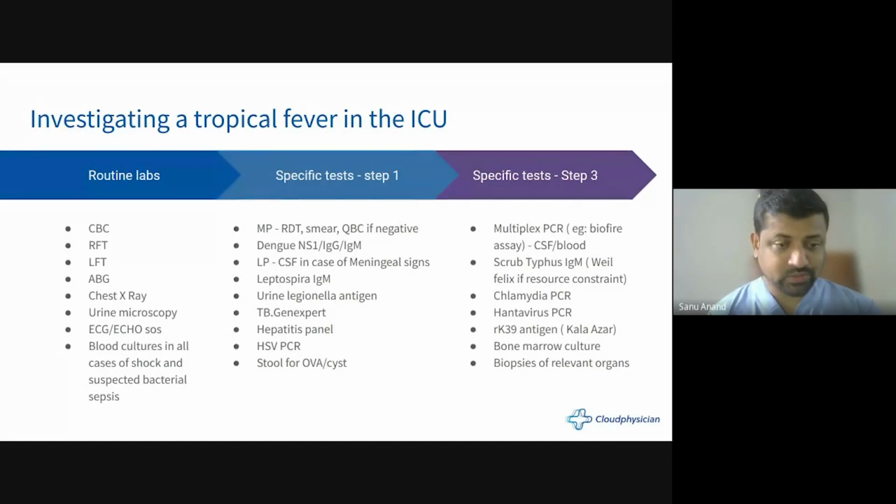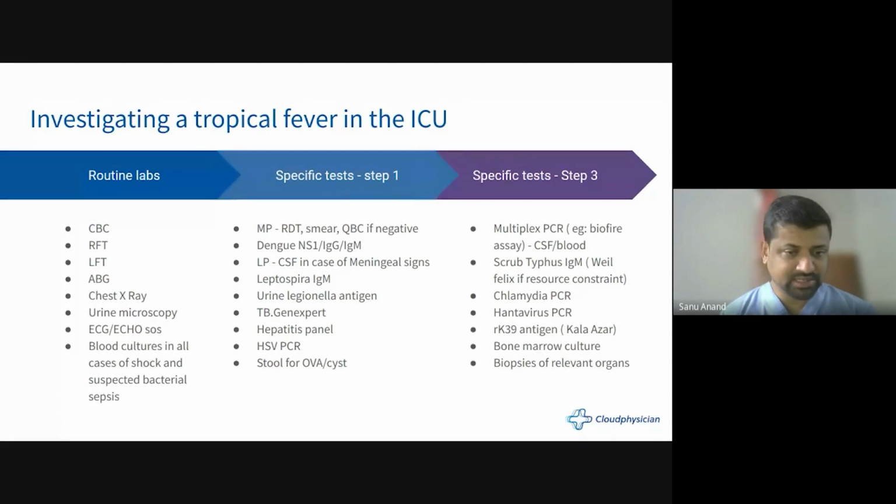So if you have NS1 negative, IgM positive, that basically means the patient has had either a recent infection or an ongoing infection, in which case you repeat dengue IgG and IgM after a week. If IgG has not appeared, it's possibly an ongoing infection. So there is an entire flow chart you can be familiar with.